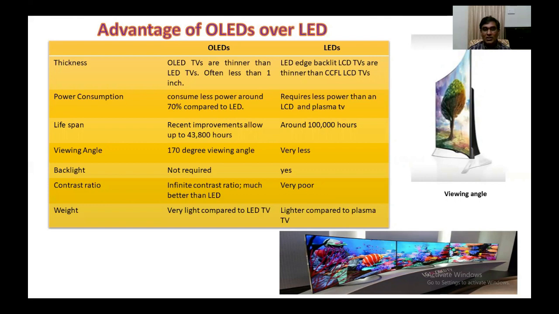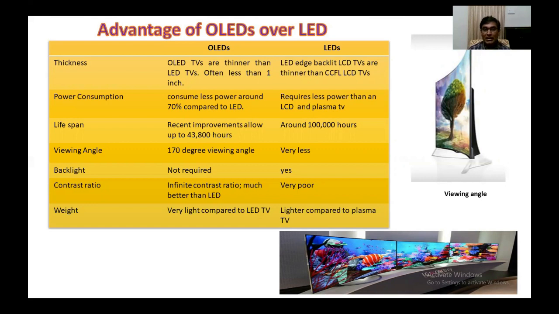But inorganic LEDs have more thickness than OLED televisions and require a backlight. The backlight illumination is required, but they are thinner than the CCFL LCD televisions. Power consumption is less in case of OLEDs, around 70% compared to LED, and LED requires less power than the LCDs and plasma televisions, that is your CRT televisions.